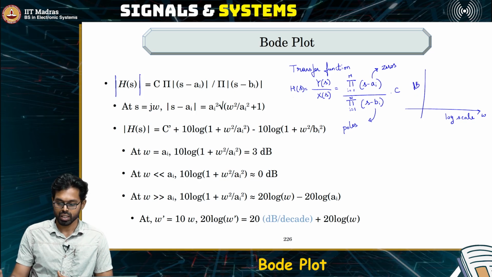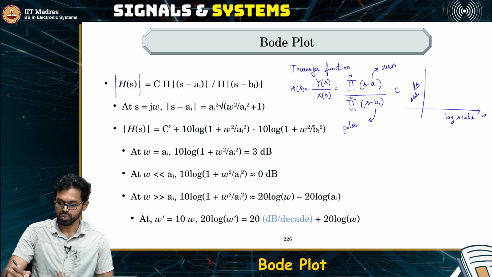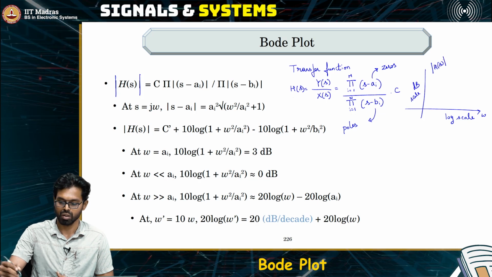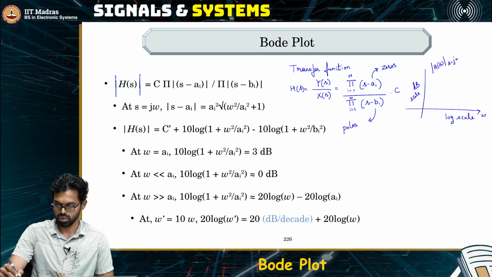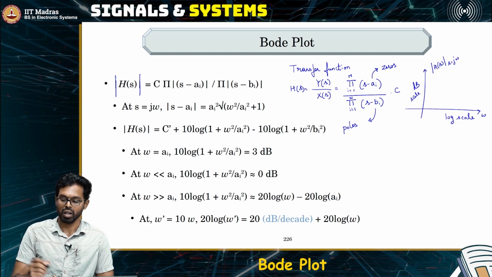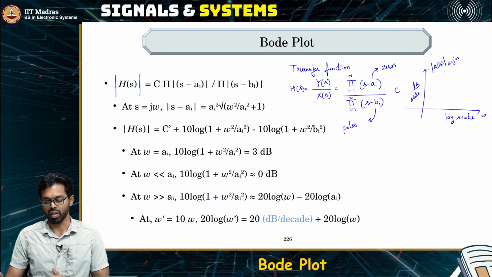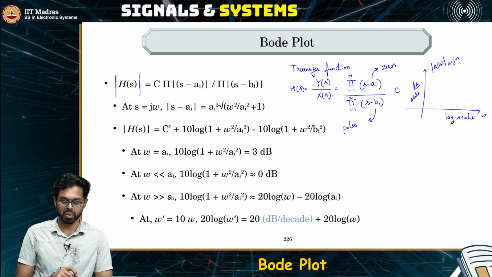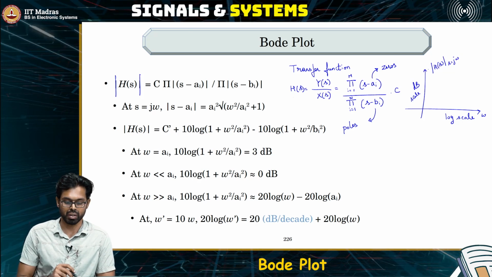So we plot mod H of s, where s is equal to j omega, in an approximate fashion. If we do this approximation, then this is called the Bode plot, and we'll see what approximation we are going to employ here.